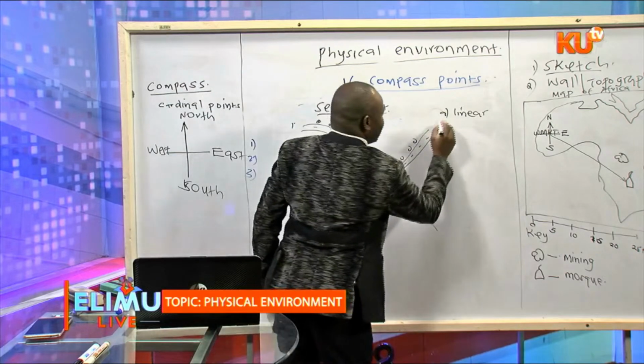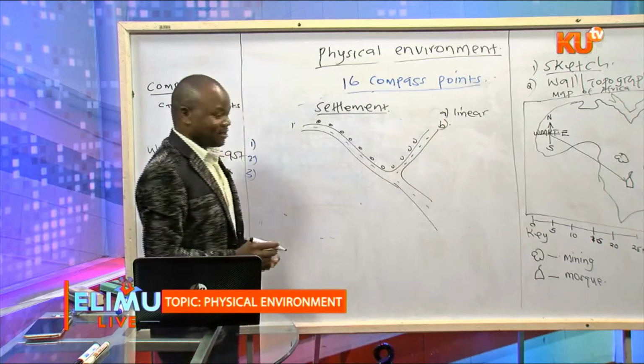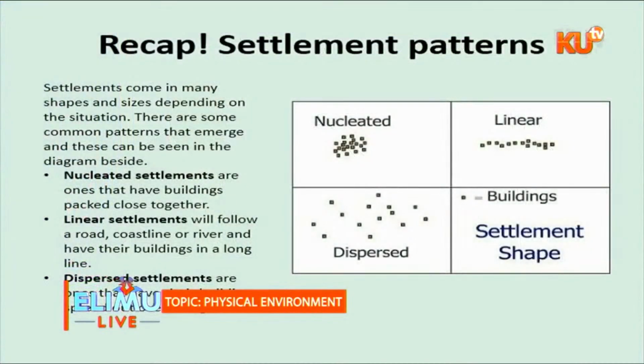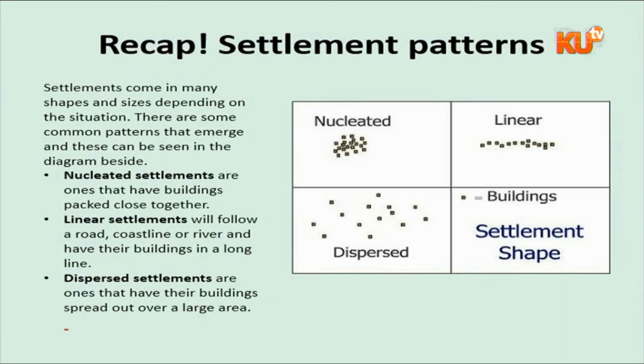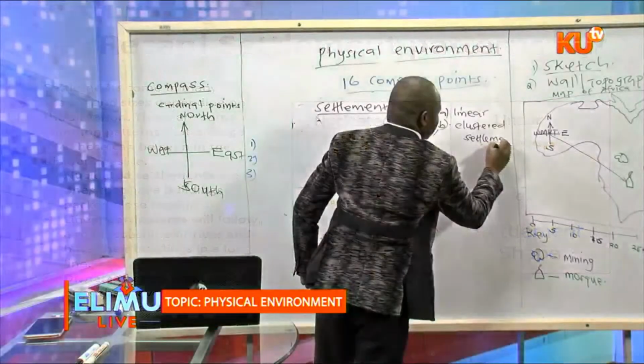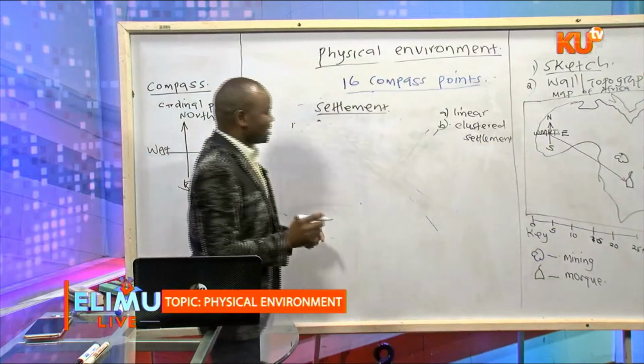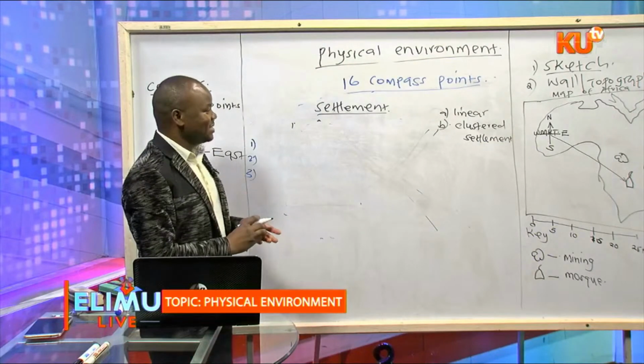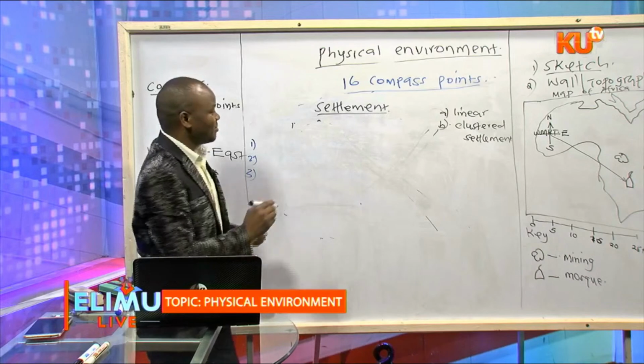Then B, another type of settlement that you'll have to come across, it is what you call the clustered settlement. The clustered settlement, how do they look like? This clustered settlement look in this manner.